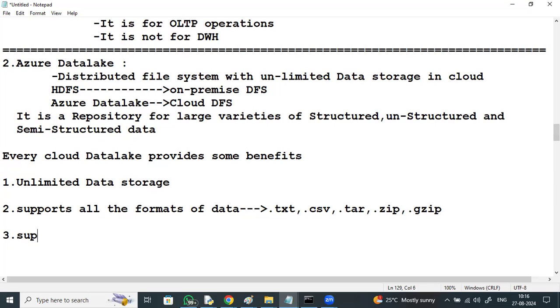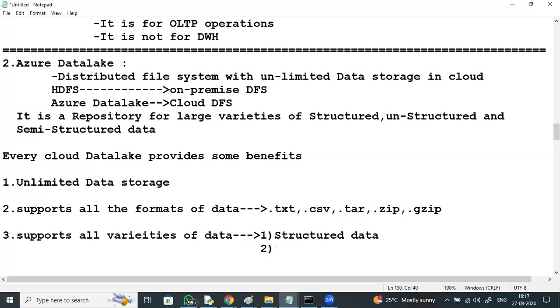Thirdly, it supports all varieties of data: structured data, semi-structured data, and unstructured data.